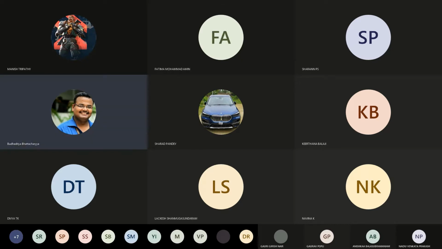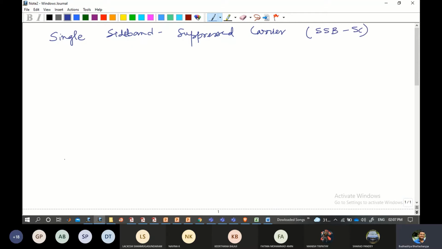Now I'll start sharing, and the topic is called SSB-SC. Let's see what exactly SSB-SC is. The term we are looking at is single sideband suppressed carrier, in short SSB-SC, just like the DSB-SC we had.